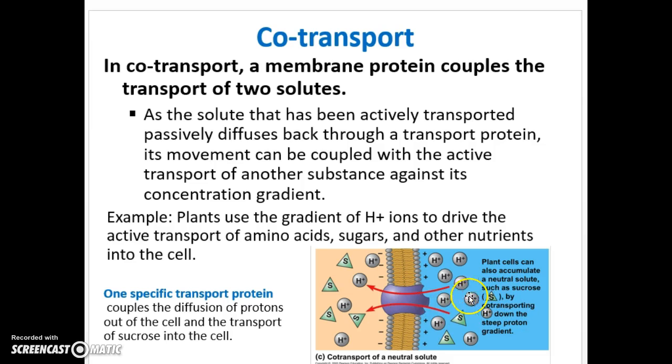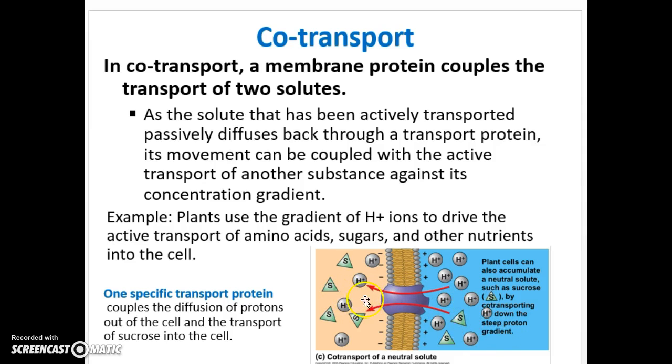That natural passive diffusion, actually facilitated diffusion because it's through a protein, occurs. And as it occurs, it energizes this protein to then be able to take glucose molecules and bring them against the concentration gradient in the other direction. So it brings one way and takes the other.